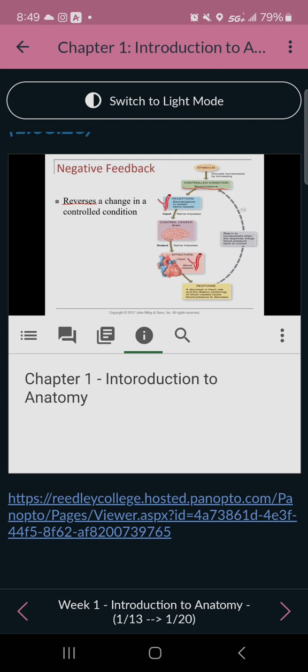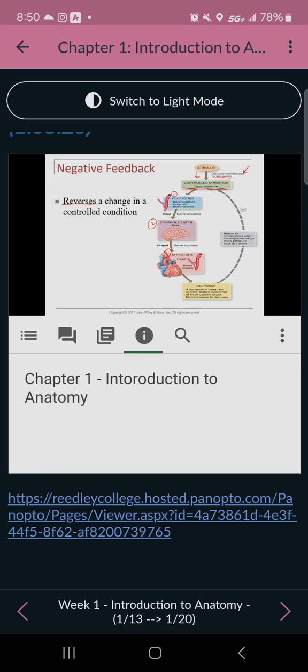The following sequence of events is going to occur, so let's follow that feedback loop here on this figure. This is the stimulus, and it's telling us that homeostasis has been disrupted because the blood pressure has increased. Remember we have the receptors, the control center, and the effectors. The receptors in this case are the baroreceptors, which are pressure-sensitive nerve cells located in the walls of certain blood vessels, and their job is to detect whenever there's higher pressure.